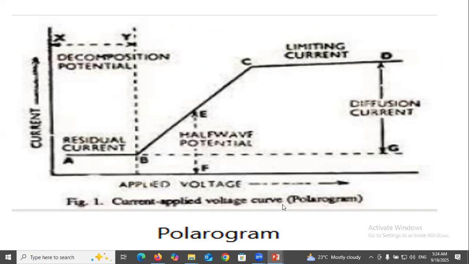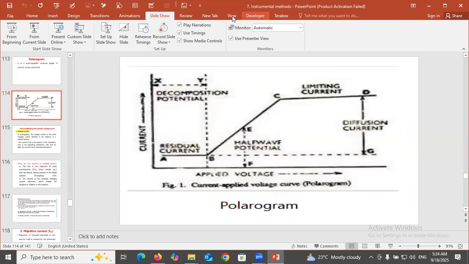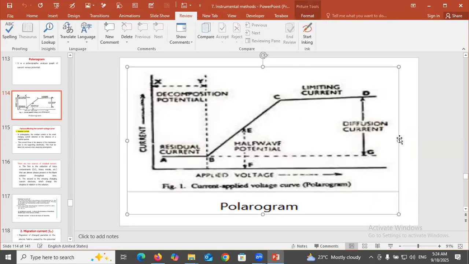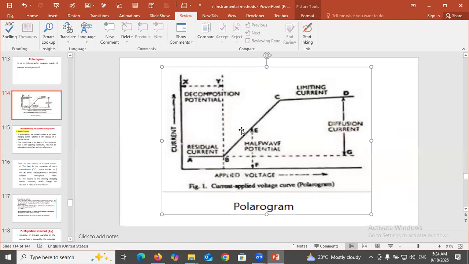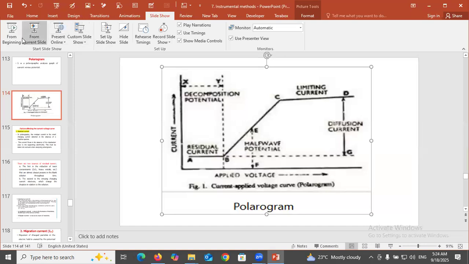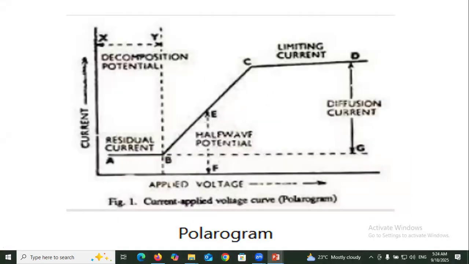The graph of current against applied voltage is called a polarogram. Its features include the half-wave potential, the limiting current, the diffusion current, and AB, the residual current.